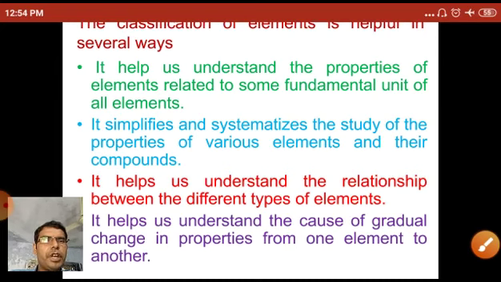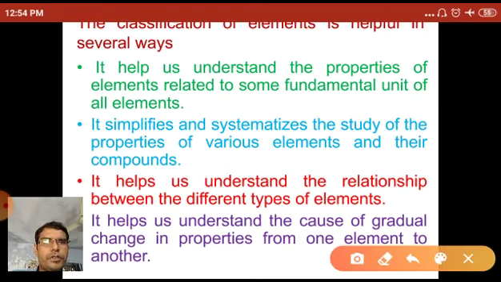So classification helps in many ways to understand the properties of the elements and their gradual changes, and the relation between one element and another.